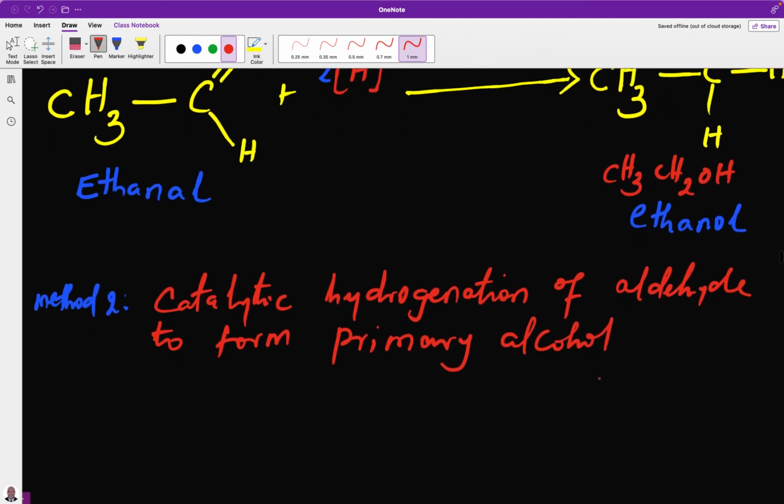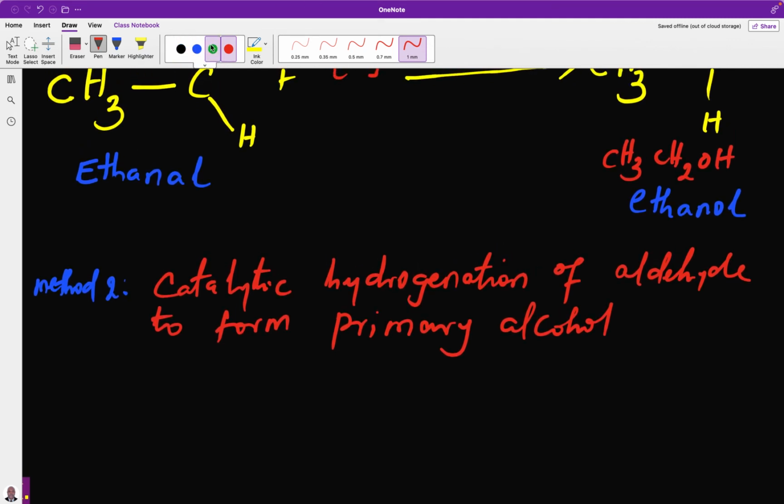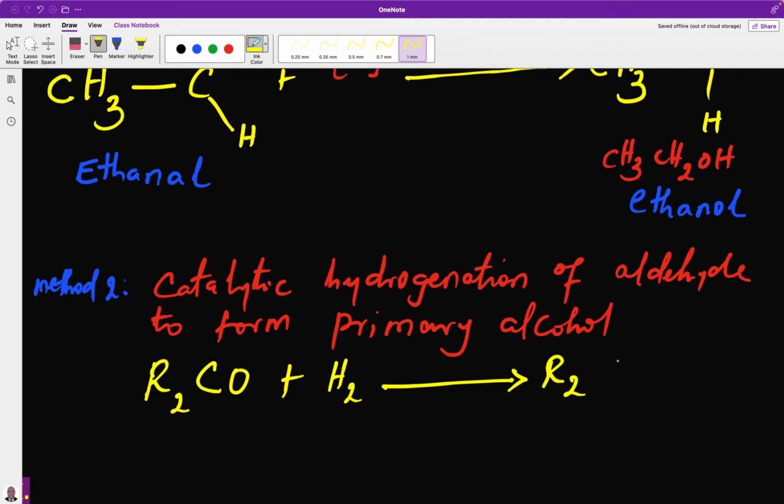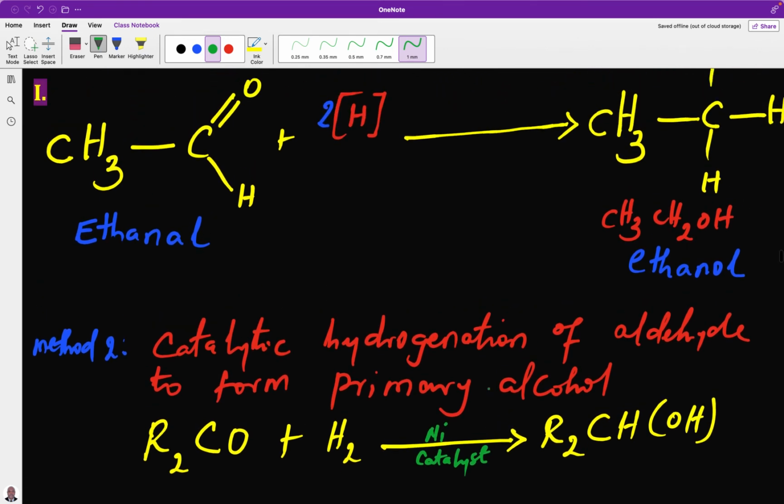This is how you can get that one. We will have the equation RCHO, and a nickel catalyst is used. Okay, that's how you can produce that.